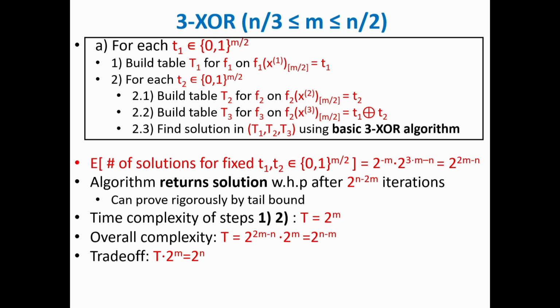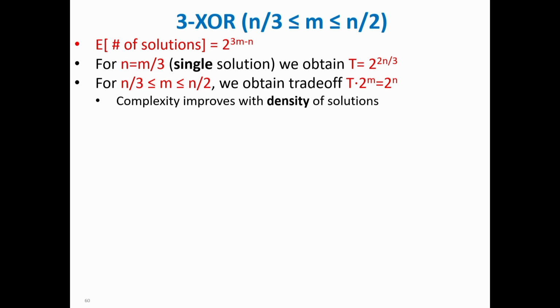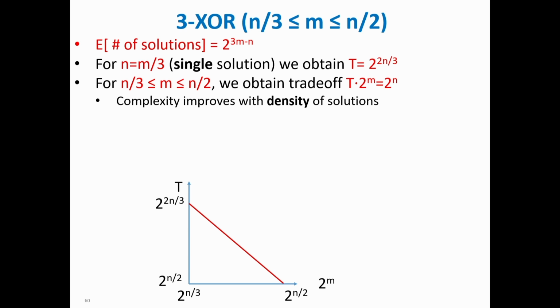This is the basic algorithm that we had. So for each m, we get a different time complexity. In the single solution regime, we have time complexity 2 to the 2n over 3, and in general, we obtain this trade-off. The complexity depends on how many solutions we have. And that's the trade-off curve.